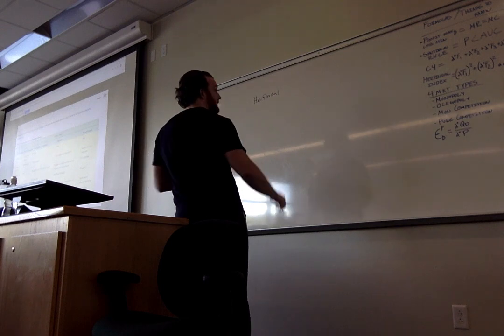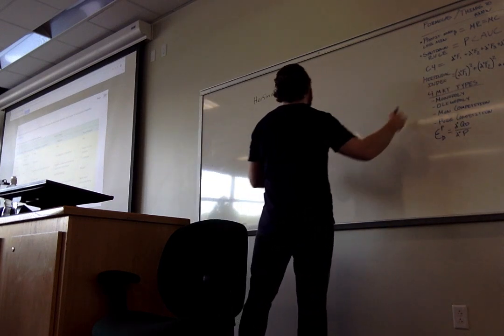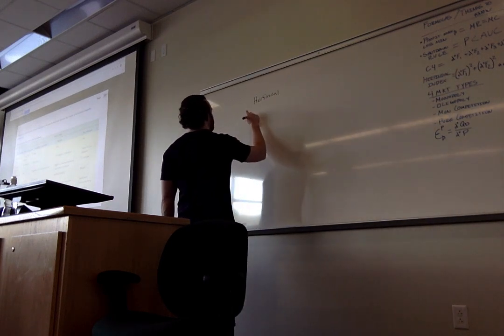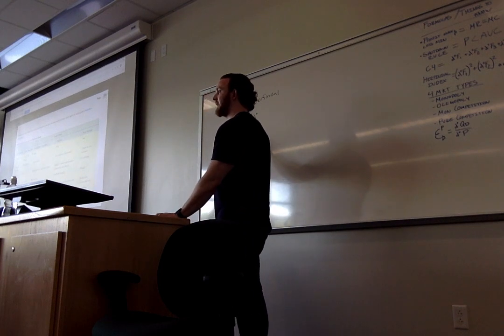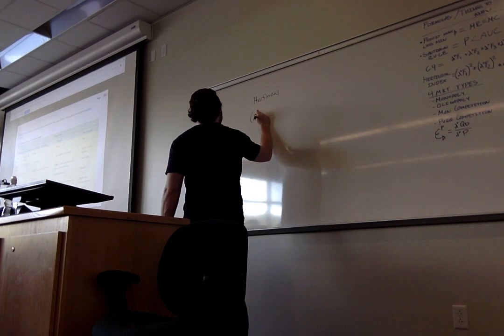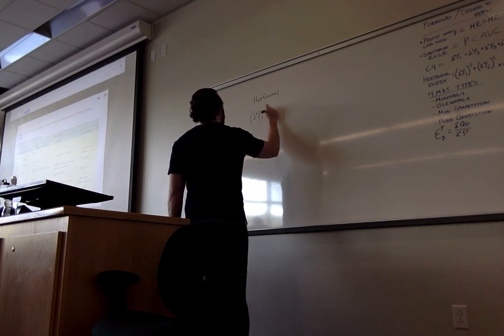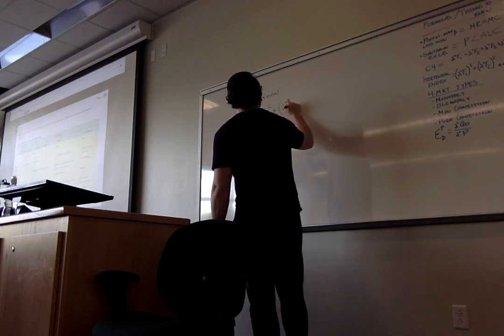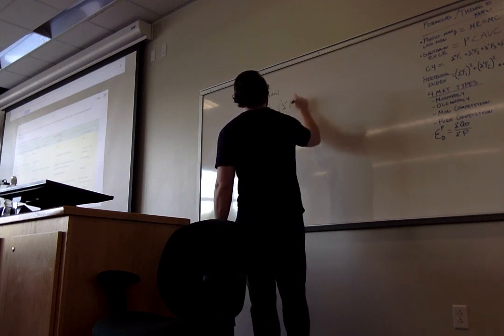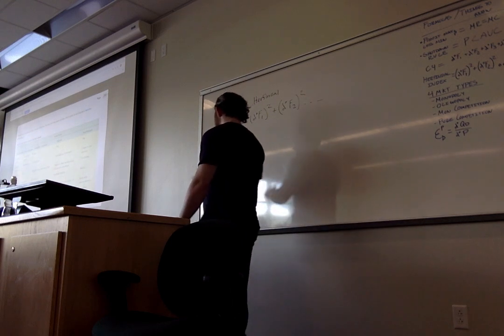The formula is right over here. We take the market share of the leading firm, the firm with the most, and you square it, plus the market share of the second leading firm, squared, and you go on like that.